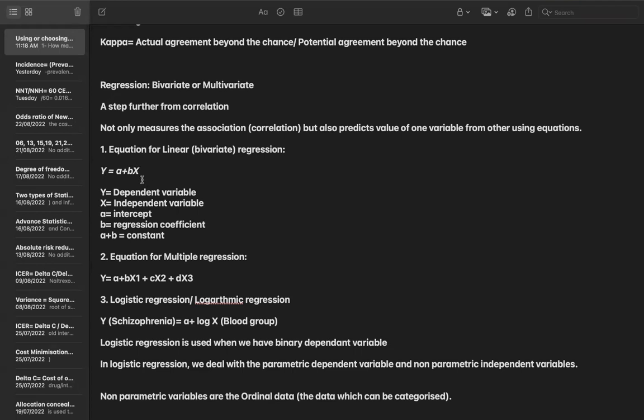For example, I'm talking about weight gain by taking fluoxetine. So we have two variables: one is weight gain and one is taking fluoxetine. Weight gain would be our dependent variable because we cannot control it. The main difference is that a dependent variable cannot be controlled by a researcher, but an independent variable can be controlled by a researcher.